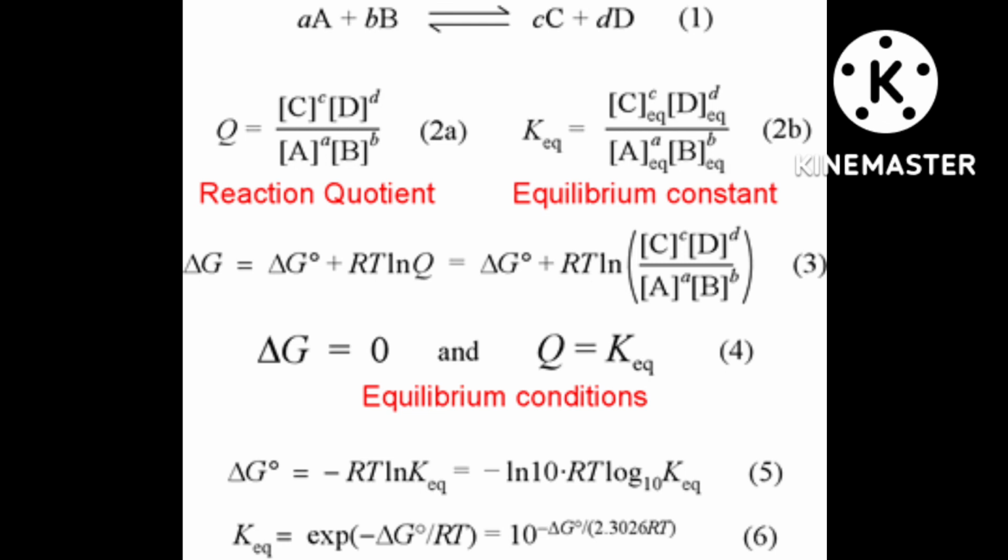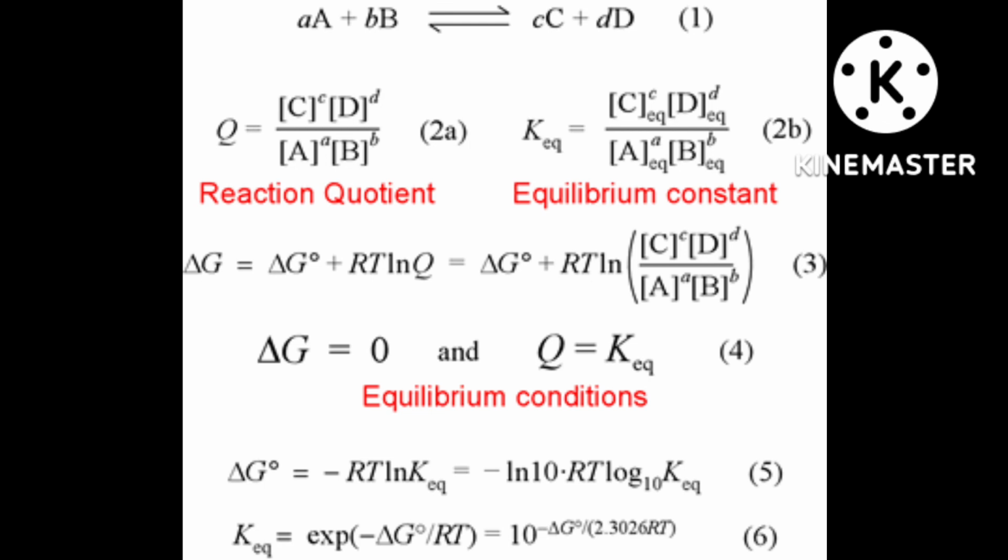When you write K, the coefficient will go as a power of the concentration. As for example, C into D divided by A into B you have written. Then if the coefficient of C was 2, then C power 2.